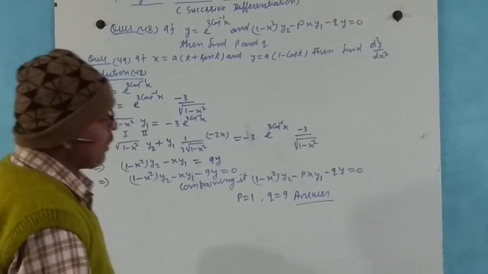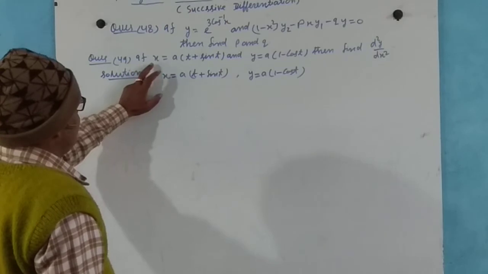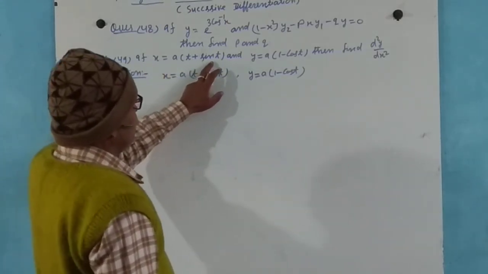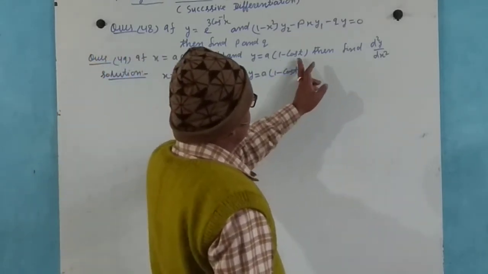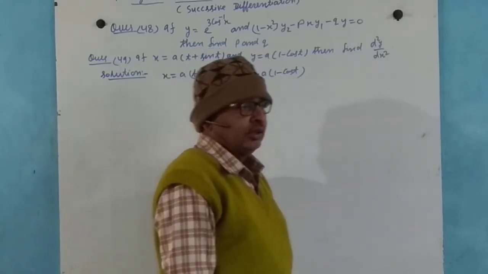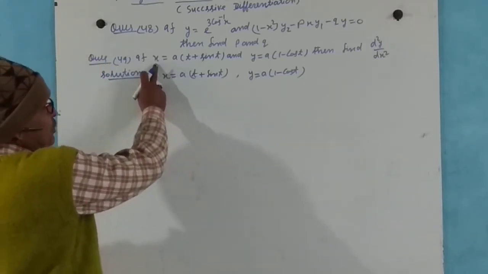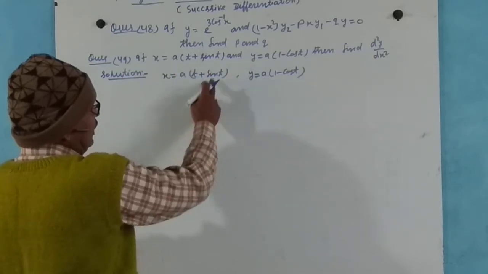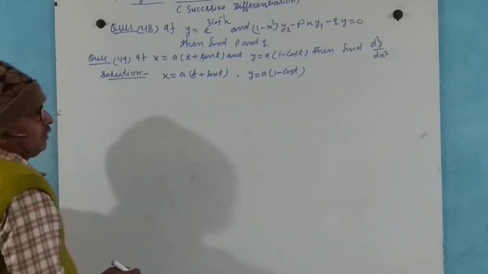Now question number 49. If x equal to a t plus sin t and y equal to a 1 minus cos t, then find d2y by dx2. It is in the parametric form, so that x equal to a t plus sin t and y equal to a 1 minus cos t.